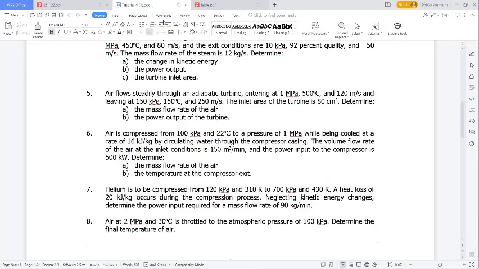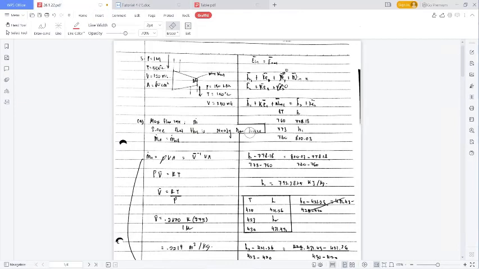Question B asks for the power output of the turbine. So here is my answer. I begin with the conservation of energy equation: specific energy in equals specific energy out. We can write it as specific enthalpy plus kinetic energy plus potential energy. Work in is supposed to be work out, but I missed that a little bit, equals H2 plus KE2 plus potential energy 2.